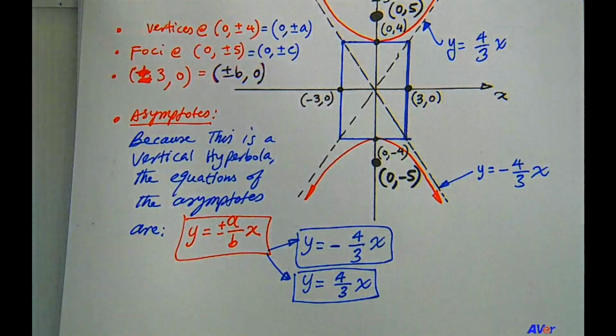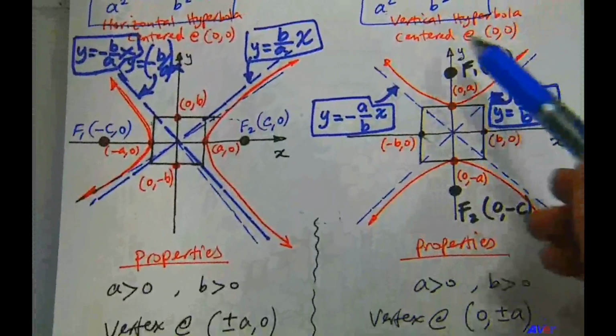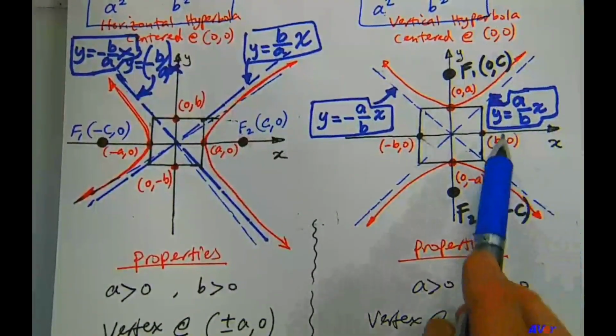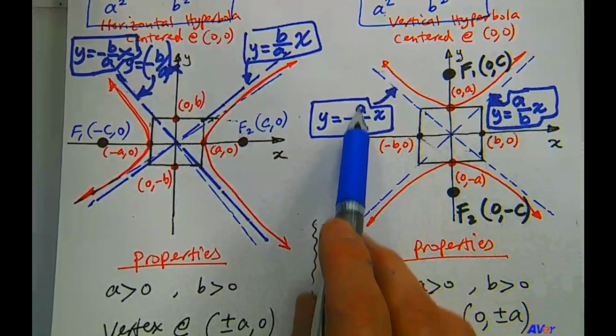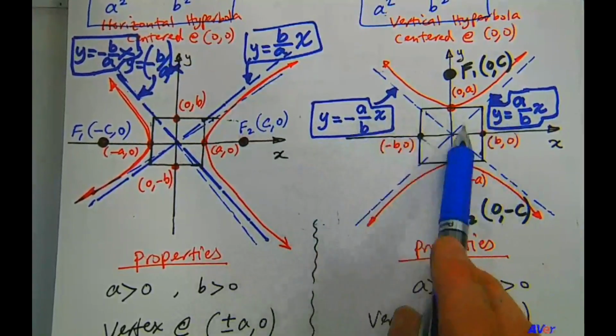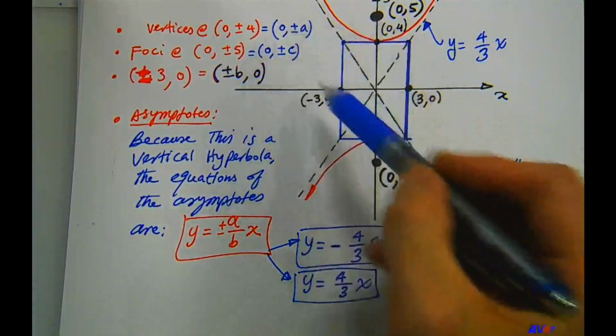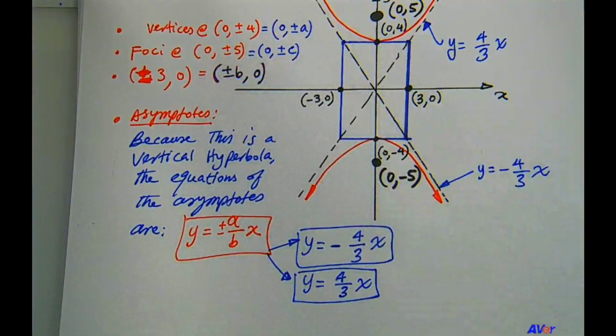This is all given to us. We discussed this for the vertical hyperbola centered at the origin: plus or minus a over b times x, so plus or minus 4/3 times x. So we've done everything they've asked for except write the equation.